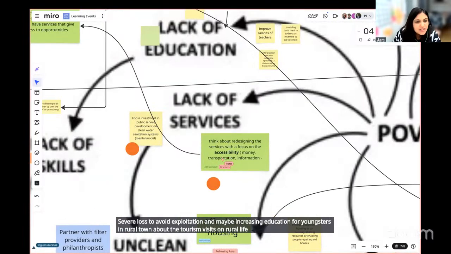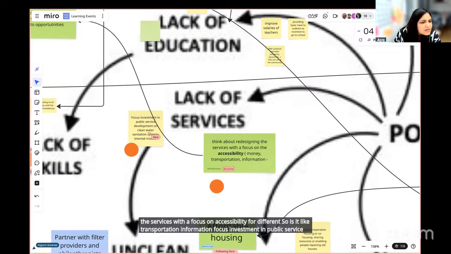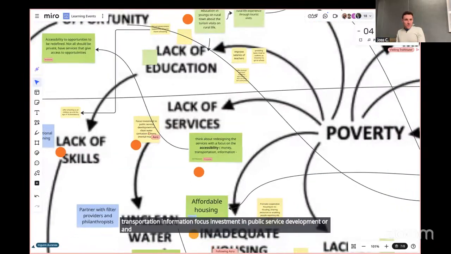Thinking about redesigning the services with a focus on accessibility for different services like transportation and information, focus investment in public service development, and on clean water, sanitation, and mental health.